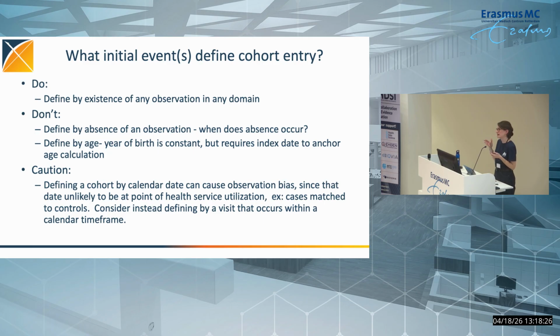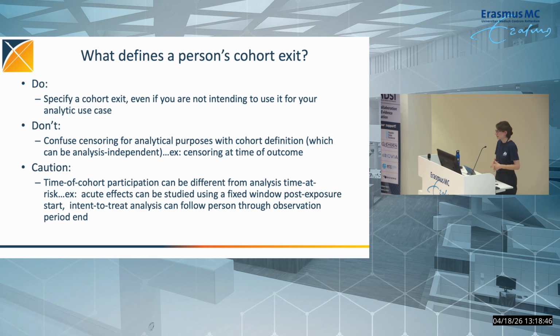For example, if you define cohort entry by the 1st of January, maybe by that time not all the individuals visit the healthcare system, so we will not have information for all the individuals, and then we will be creating some bias. Instead, we could define it by a visit that occurs within a study period. And then, as I said, it's really important also to define the cohort end, not just the start of the cohort, but also when our cohort is ending.